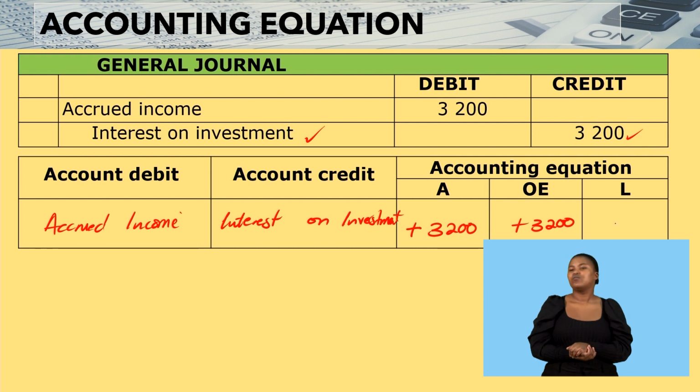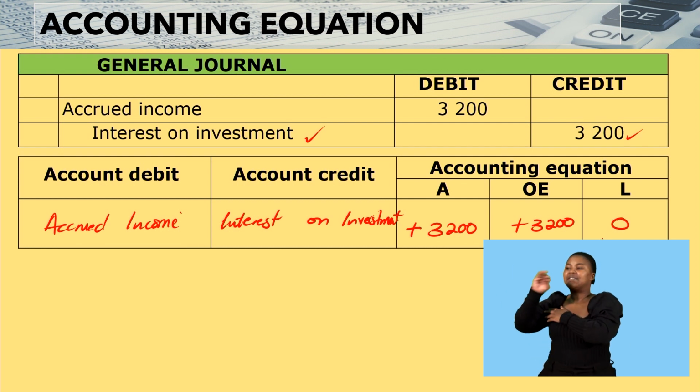It will not affect my liabilities, therefore it becomes 0. Dear learners, after you have done this, this is how you can do the accounting equation when getting information from the general journal. I want us to look at the next activity, so I'm just going to quickly move on to the next activity.